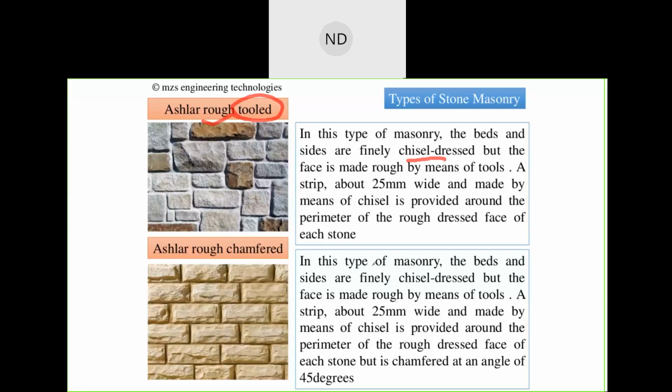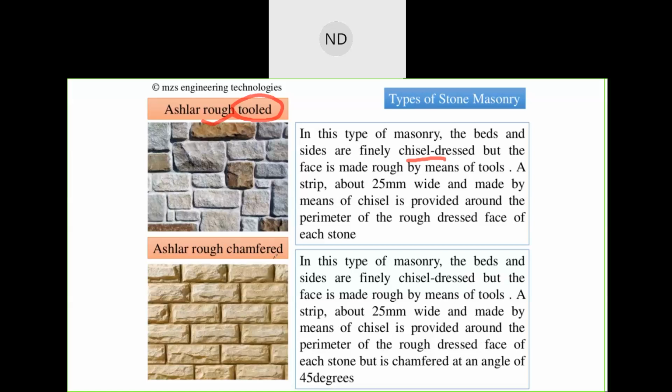In this type of masonry, the beds and sides are finely chisel dressed, but the face is made rough by means of tools. A strip about 25 mm wide, made by means of a chisel, is provided around the perimeter of the rough dressed face of each stone but is chamfered at an angle of 45 degrees.